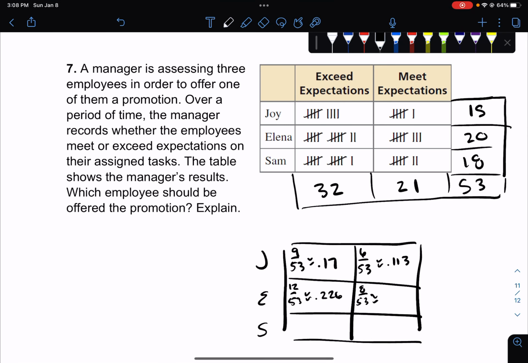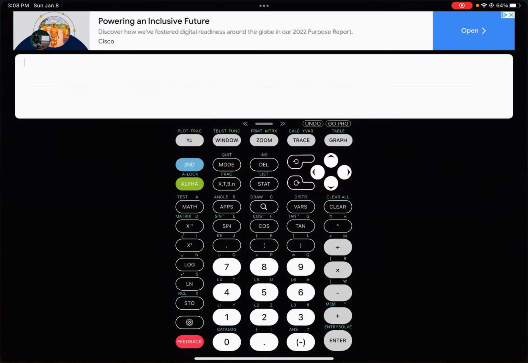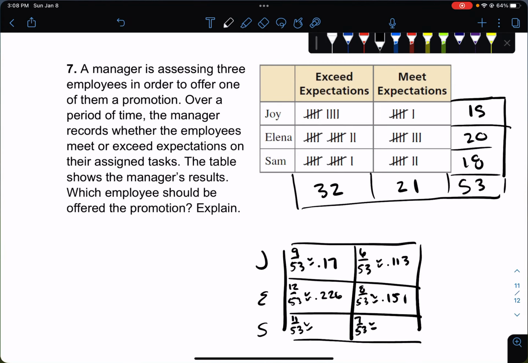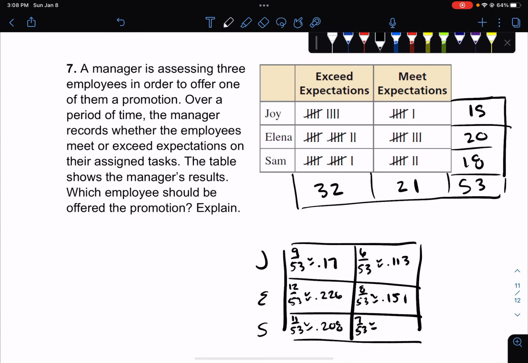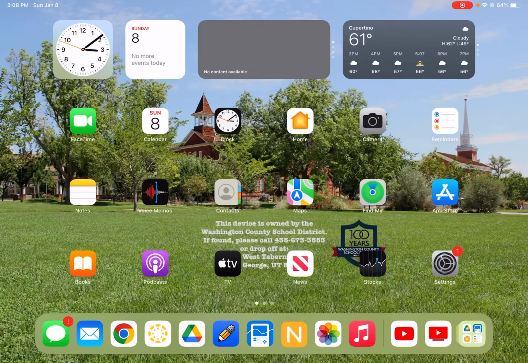So approximately 0.151. Sam, I've got 11 out of 53, and I've got 7 out of 53. All right, 11 out of 53 is 0.208. 7 out of 53, I don't think we've done that one yet, right? 7 out of 53 is 0.132.